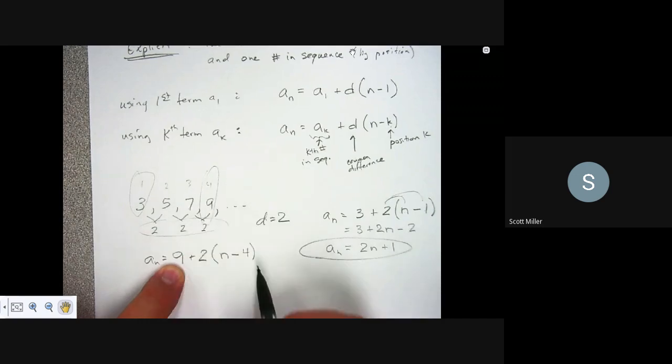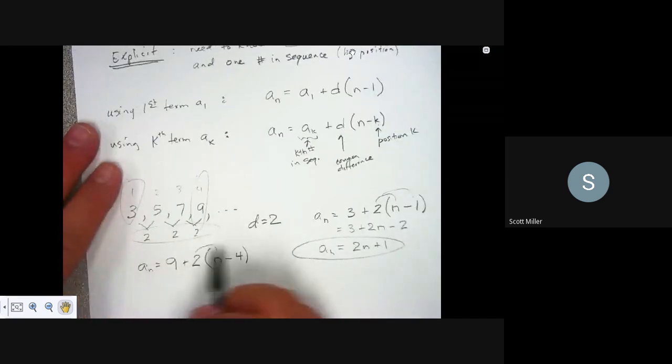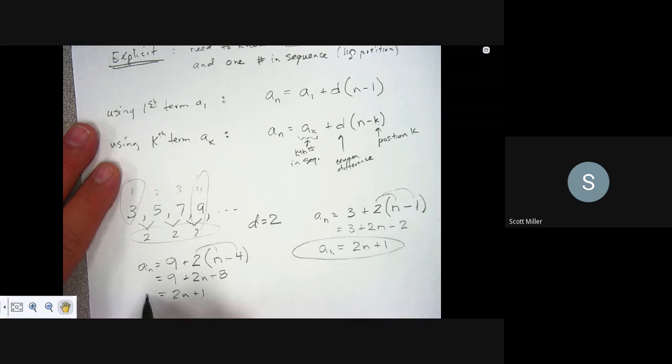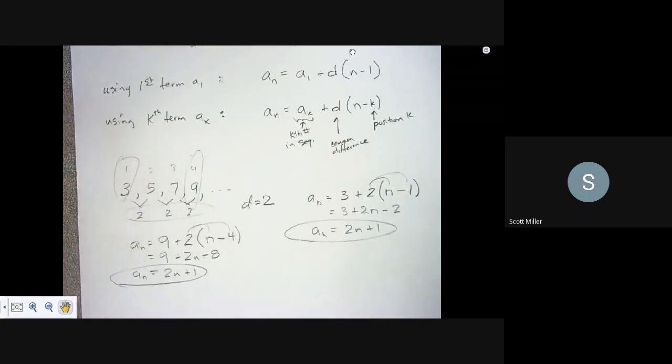Position 4. Same thing, we can distribute this out. There's the 9, there's the 2n, minus 8. 9 minus 8 is 1. So you can see no matter which number I take in the sequence, I'm going to end up with the same rule for the sequence.